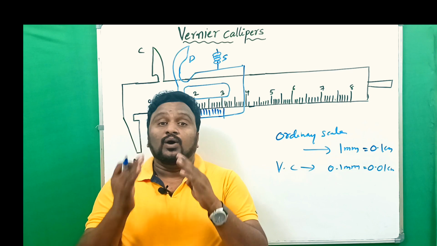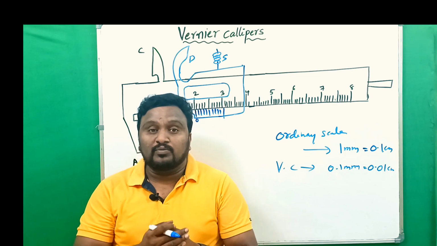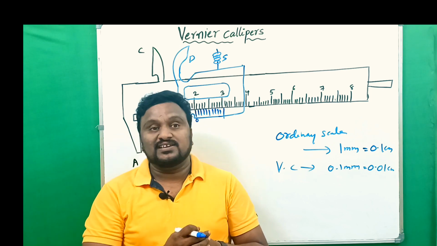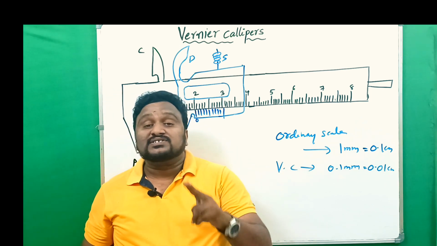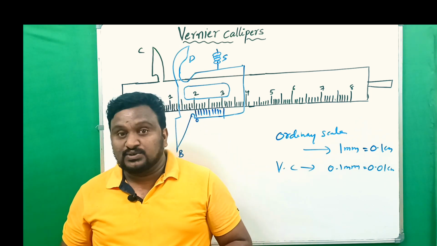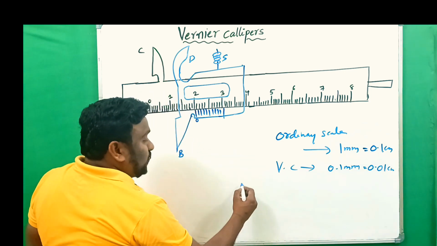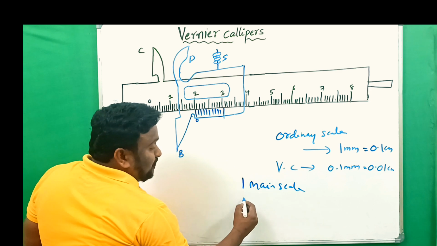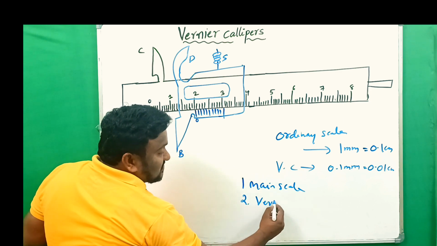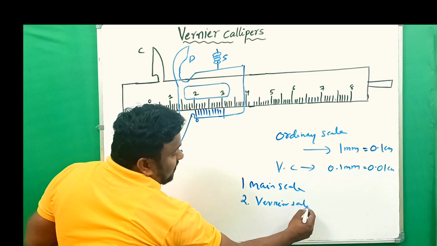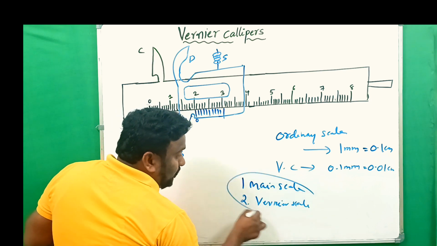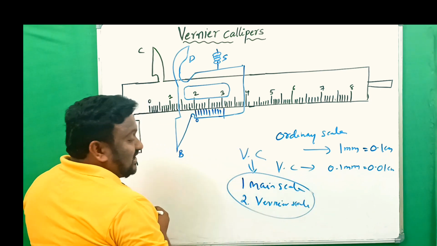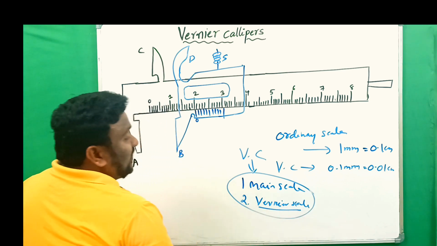And now, how is the structure of the vernier calipers designed? Let's see here. Vernier calipers consists of two types of scales. One is the main scale, and the second part is the vernier scale.